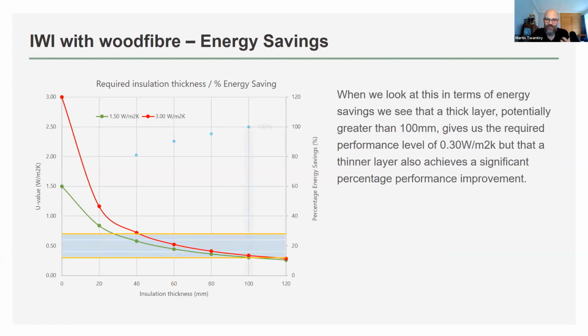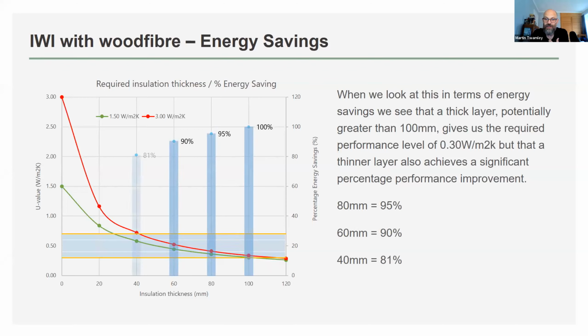Because to get my 100% energy savings, so if I drive to get to 0.3, which would in theory give me my regulatory requirement energy savings, I'm having to put around 100 mil of insulation on the internal side of the wall. But I get around 95% of that improvement with 80 mil thickness.